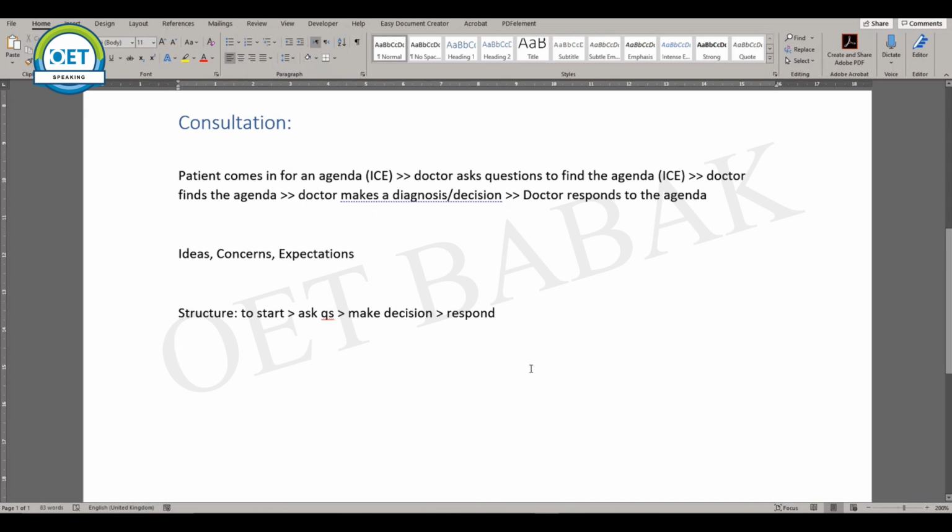Okay. Now, after the structure, we go to the rapport. What is rapport? Communication, having a good relationship with the patient. Good. What do you mean by good relationship? Like a trusted relationship.